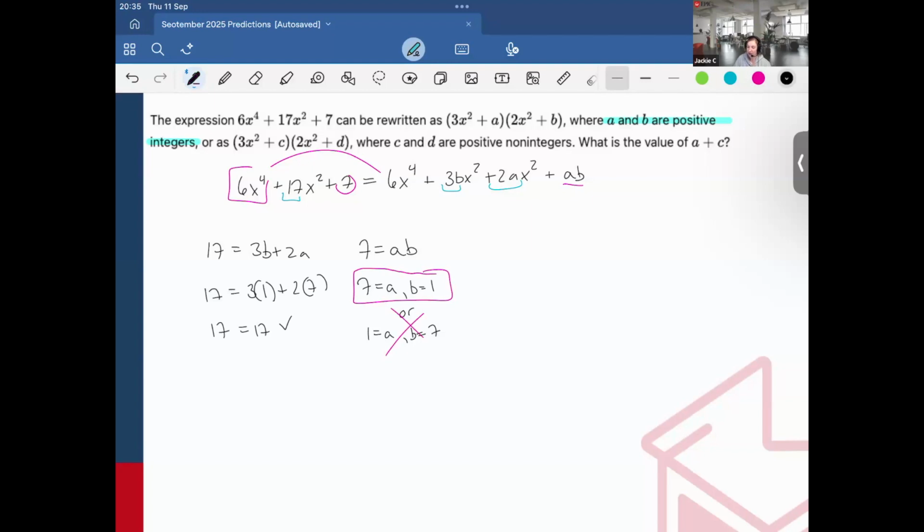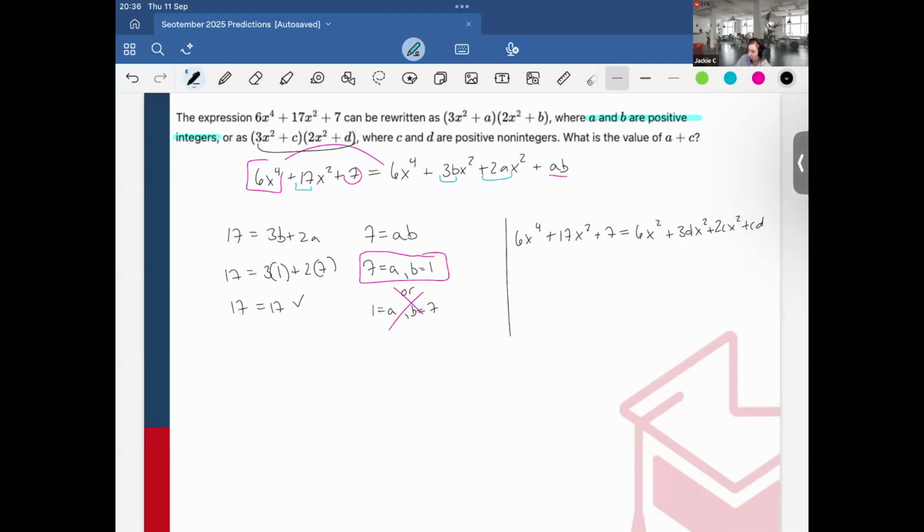Okay, and then we have our a and b values, and now we have to do the non-integer values. So same thing that we did, except we'll be expanding these brackets. So I would have that 6x to the fourth plus 17x squared plus 7 is equal to 6x to the fourth plus 3dx squared plus 2cx squared plus cd.